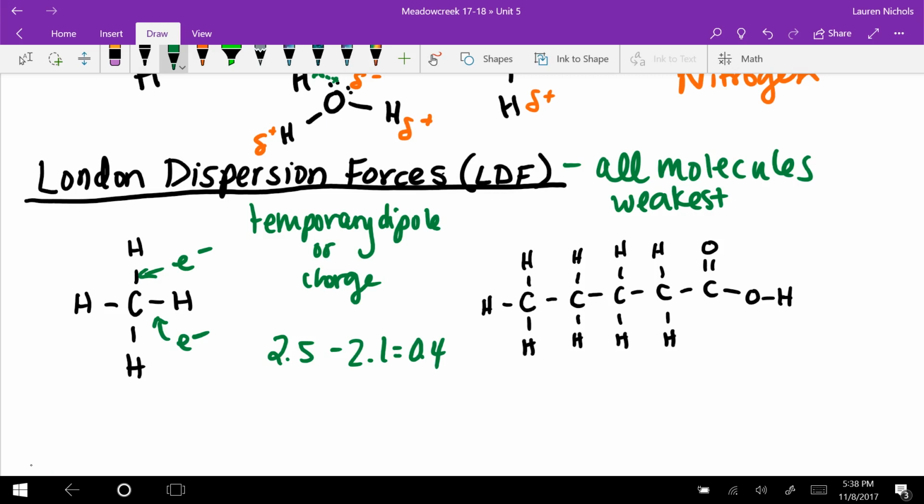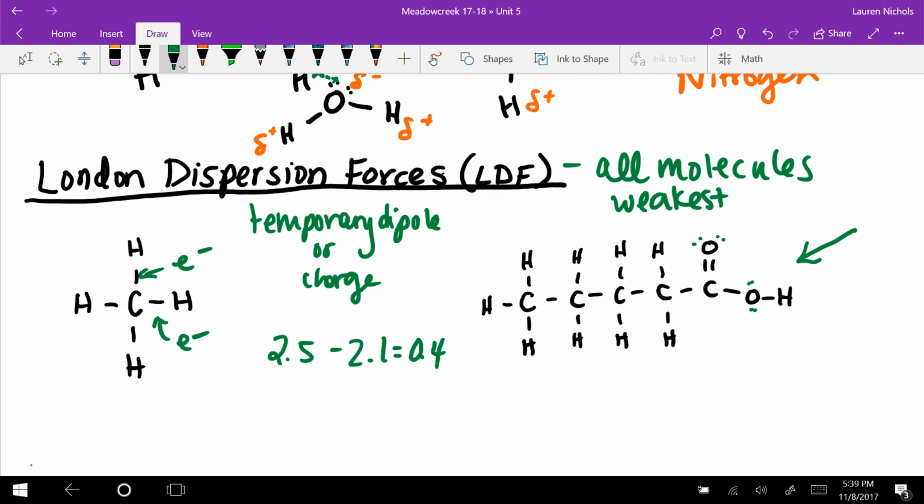The main time that London dispersion forces are really going to show up is when you have larger molecules like this one over here. Oops, I forgot my valence electrons on these oxygens. But when you're looking at this molecule, we have a lot more bonds being formed. We have 1, 2, 3, 4, 5, 6, 7, 8, 9, 10, 11, 12, 13 bonds and 8 lone pairs of electrons.